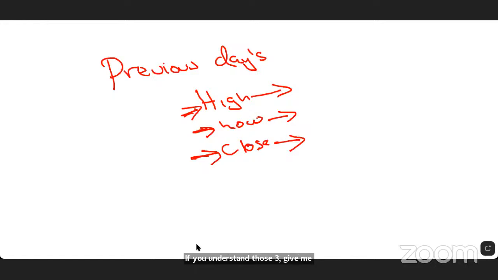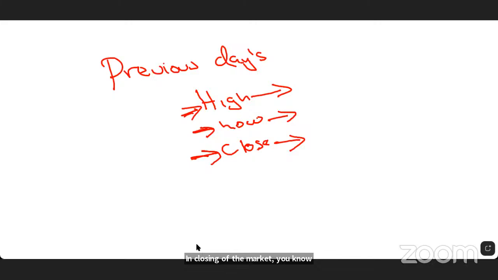You now know the open, the close, the high, and the low. Give me a 2 in the chat if you have that basic understanding of the opening of the market, the closing of the market, the high and the low.